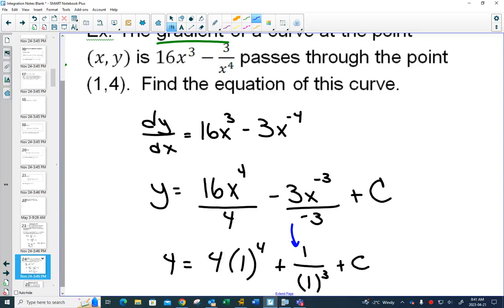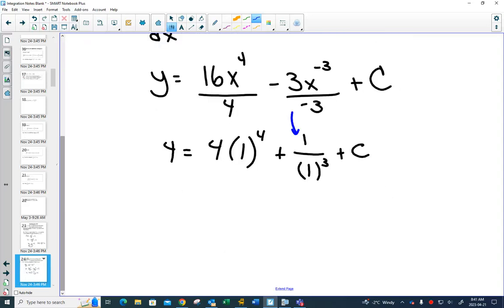That made it positive. Then I thought of that x to the negative 3 as an x cubed on the bottom. So when I plugged my 1 in, I plugged in 1 cubed on the bottom of my fraction. Simplifying this gives us 4 equals 4 plus 1 plus c. Moving everything over to the other side, c is equal to negative 1.